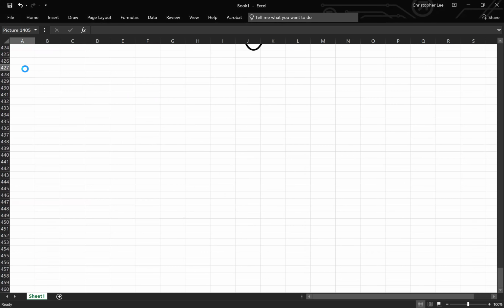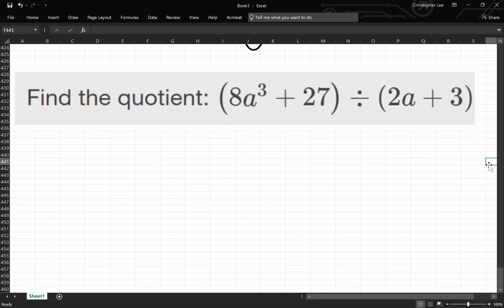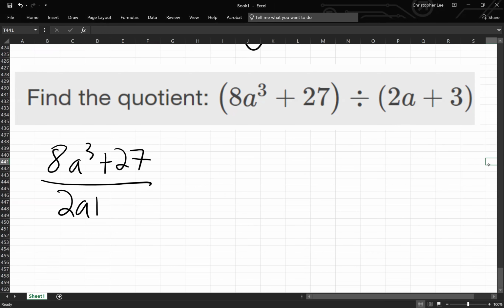All right, so last example. Let's say that I have 8a cubed plus 27 divided by 2a plus 3. I want to do this by long division. Before I could do this in long division, I have to expand the numerator a little bit.